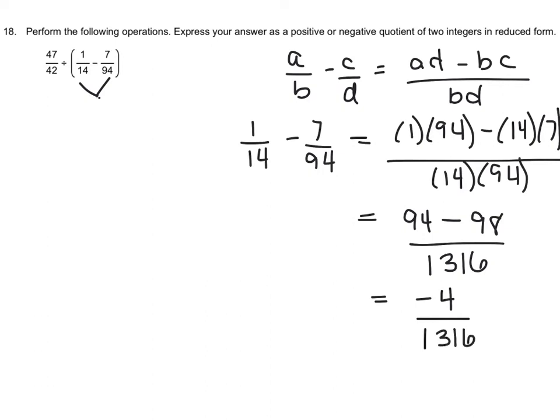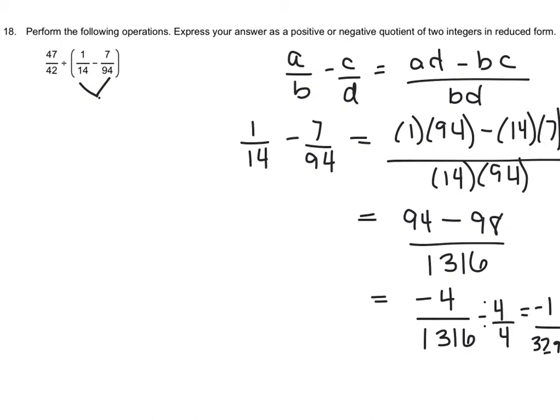Now I want to reduce this fraction. Both the numerator and denominator are divisible by 4. And when I divide the top by 4, I get -1. And when I divide the bottom by 4, I get 329.